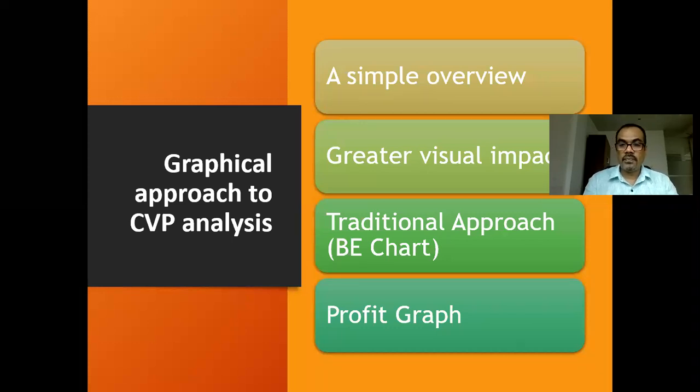In the case of a break-even chart, lots of additional information is also there, like variable cost, fixed cost, total cost, total revenue. All these variables are shown there.